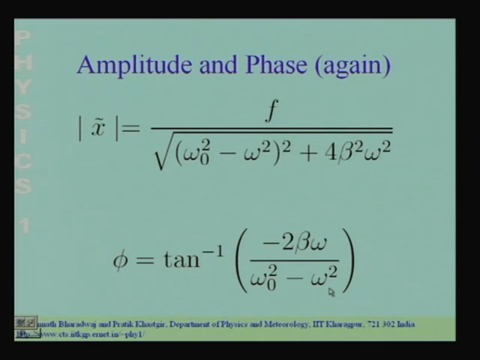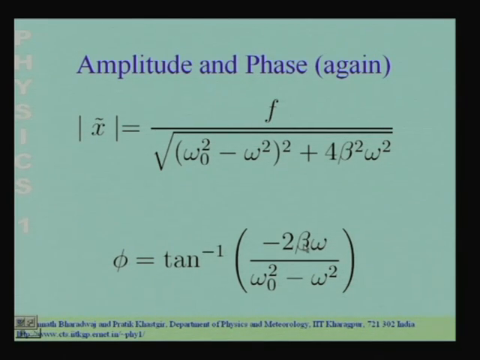This whole thing blows up, and then when omega crosses omega naught, if it is more, then the denominator is negative, and the numerator is also negative. So, you have tan inverse of a positive number, and you start with a very large number because the denominator is extremely small, and then if you keep on increasing omega, it slowly tends to 0 again.